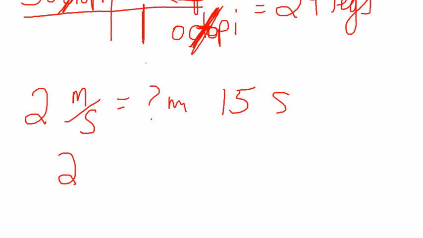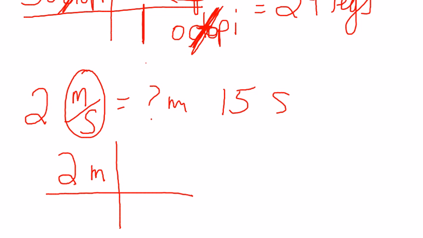When we set this up using the grid system, something that has a double unit, like meters per second, really should be written on a grid as per 1 second. This is a rate of 2 meters per 1 second. If you're driving 60 miles per hour, that means you go 60 miles per 1 hour. We typically don't show the 1.